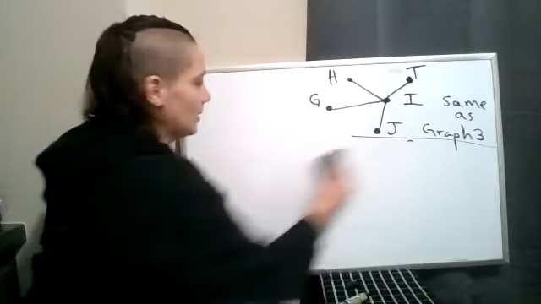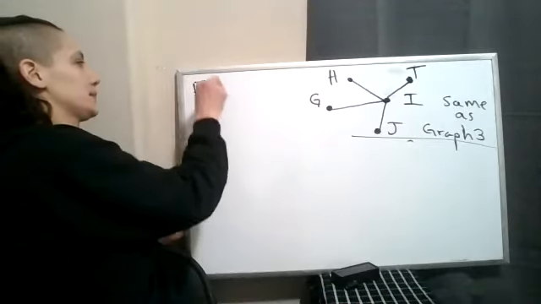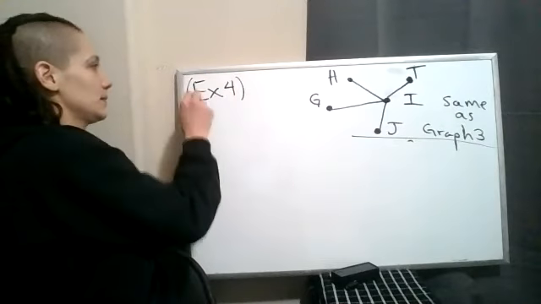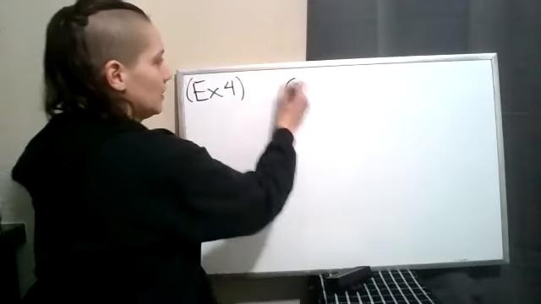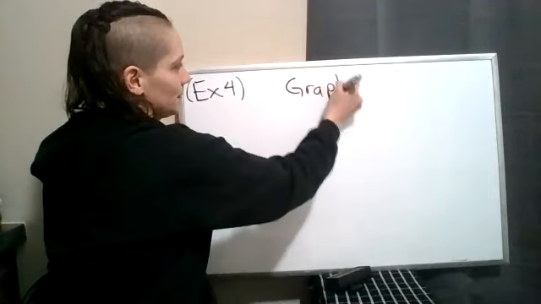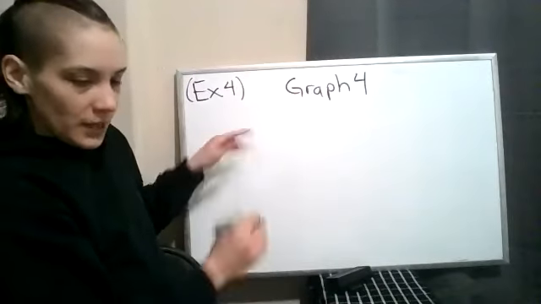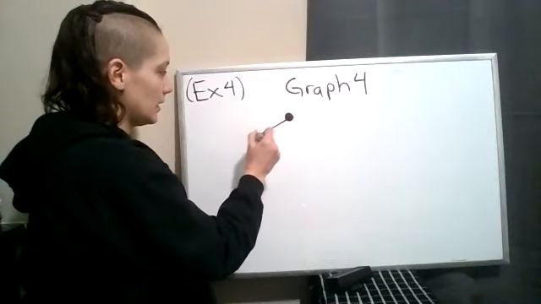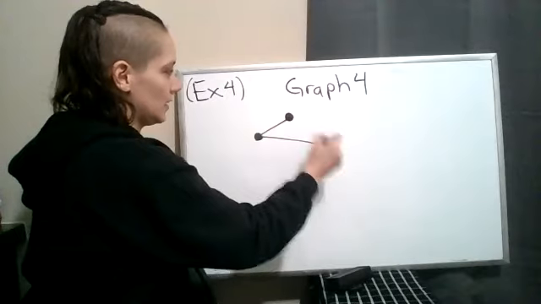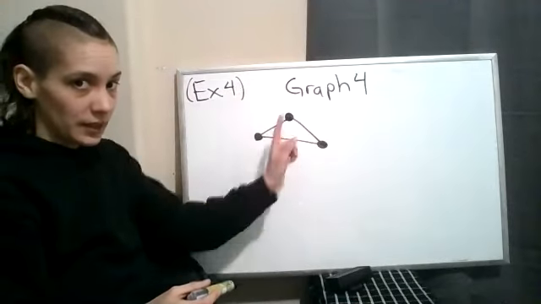Okay, so number 4. This time there is a triangle, dots. We're going to cross over one of the edges, but there is no dot.